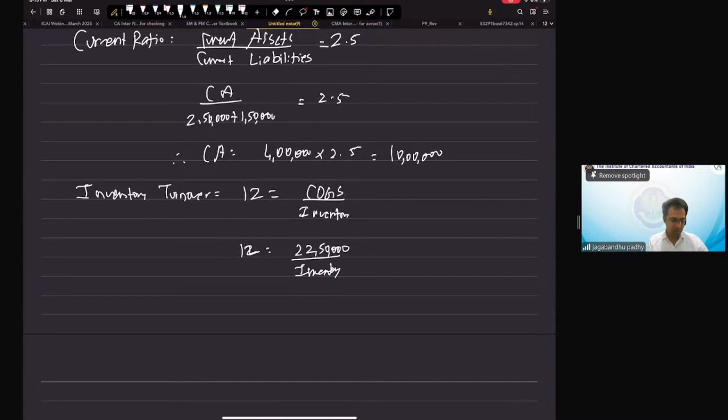What's the value of inventory? What's the amount of inventory, guys? 22 lakh 50,000 divided by 12.